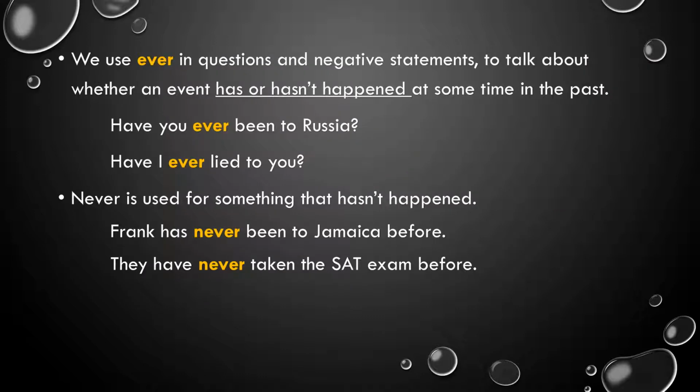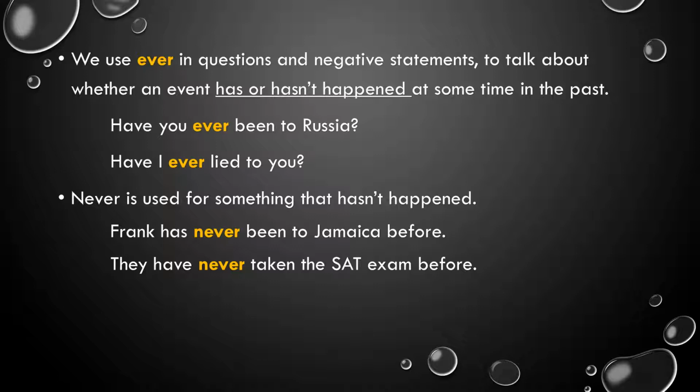Ever and never are the last 2 adverbs we use with the present perfect tense. We use ever in questions and negative sentences to talk about whether an event has or hasn't happened at some time in the past. If you're trying to learn whether I have been to Russia or not, you say, have you ever been to Russia?